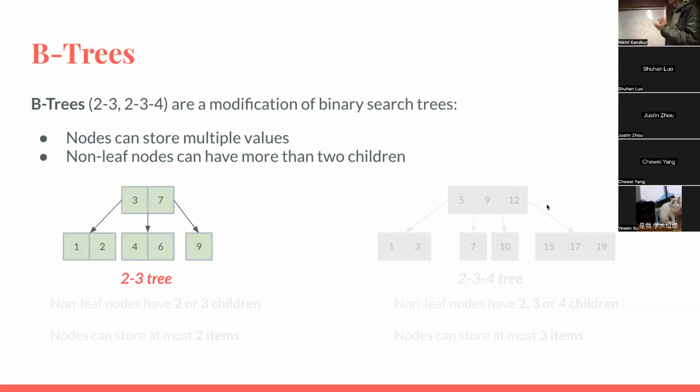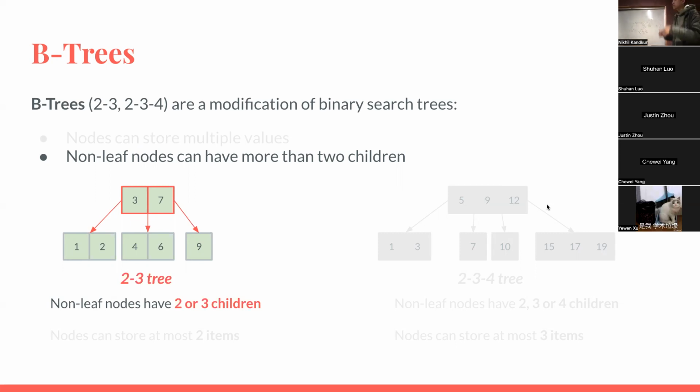So to make this more concrete, let's go over an example. On the left side, you'll see the 2-3 tree, right? The second thing we said was, non-leaf nodes have 2 or 3 children. So in this case, the only non-leaf node is this node with the 3 and the 7. And you can see it's highlighted in red, it has 3 children. In a 2-3 tree, that's allowed.